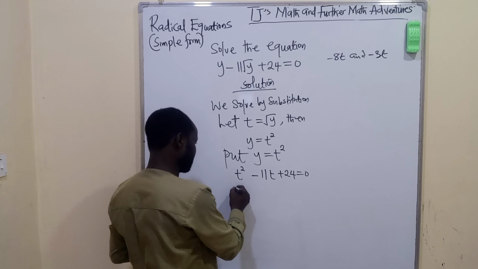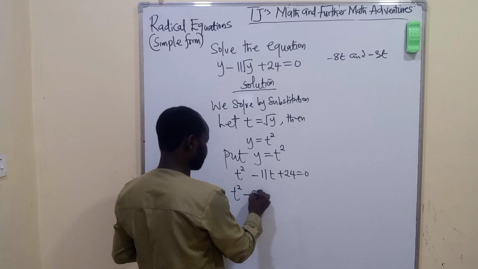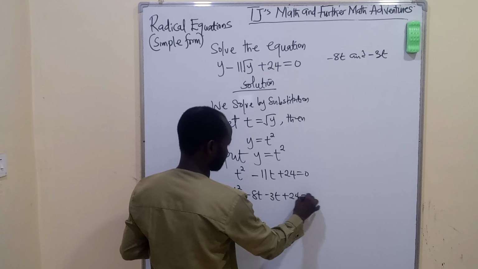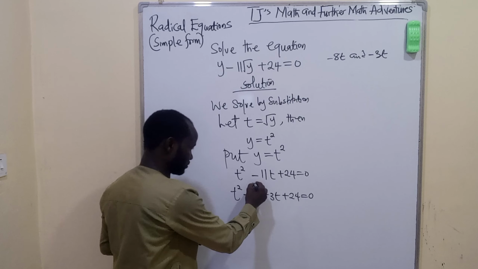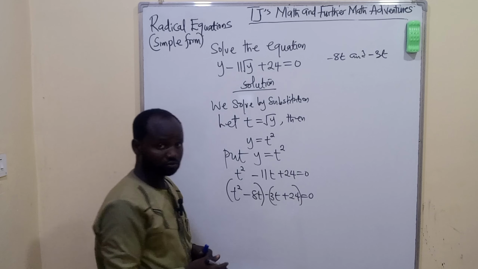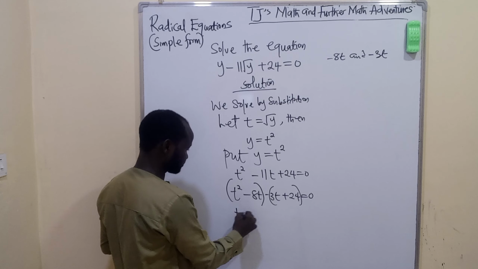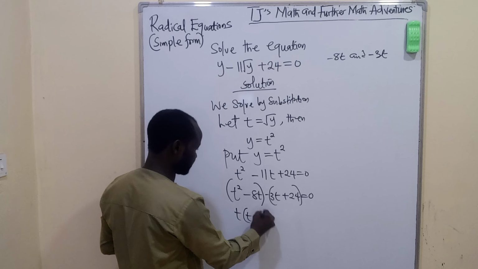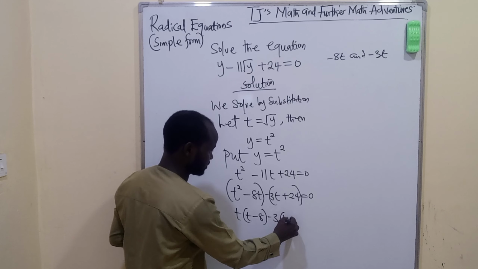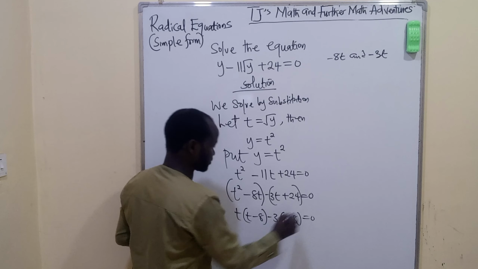So this becomes t squared minus 8t minus 3t plus 24 equals 0. We can group this and factor out. What is common here is t, into t minus 8. What is common here will be minus 3, into t minus 8, equals 0.